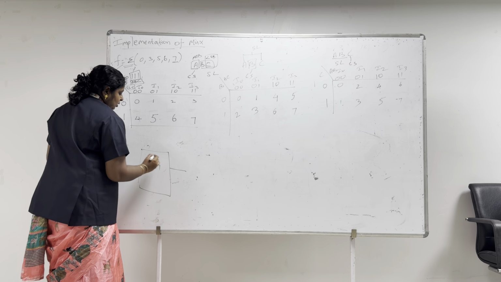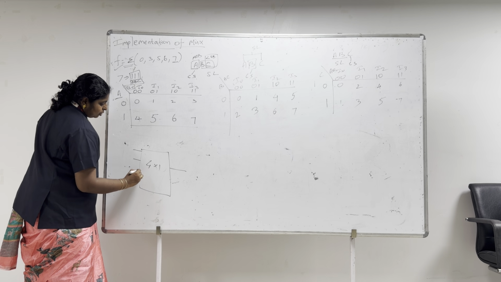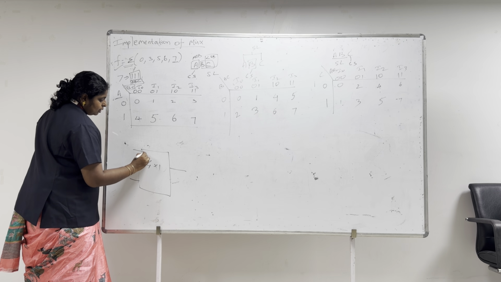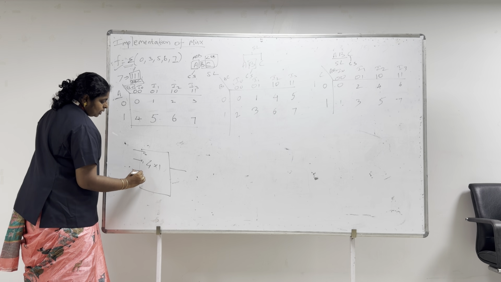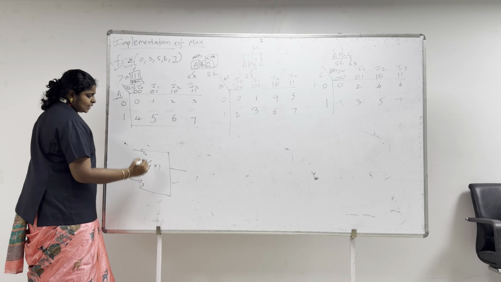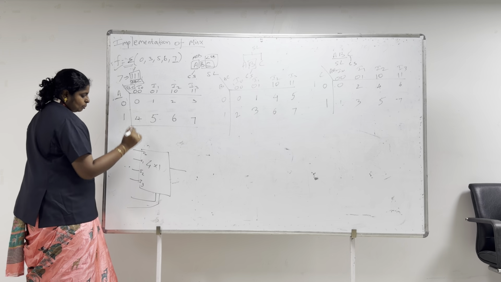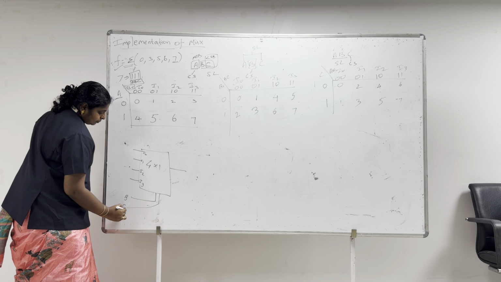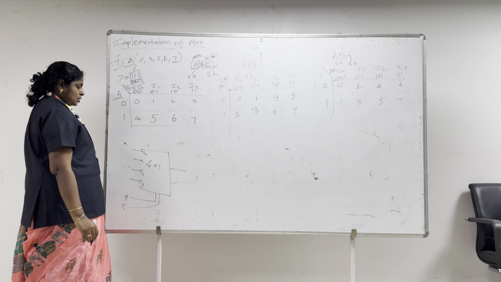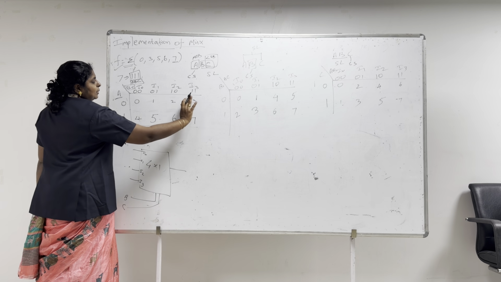The inputs are labeled I0, I1, I2 and I3. Select lines, for this first problem, we have taken as B and C. A is our control signal, and this is the basic structure.